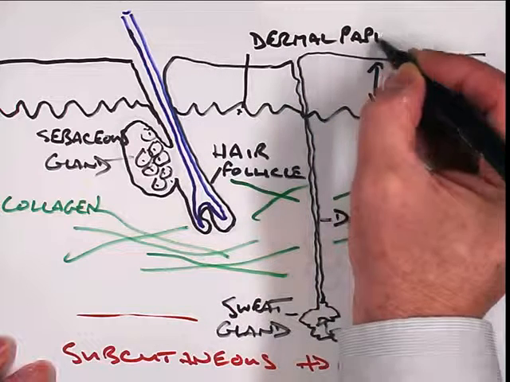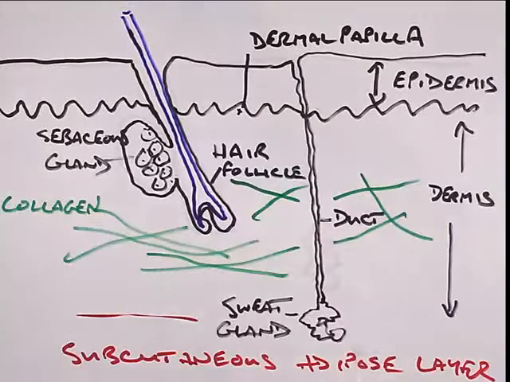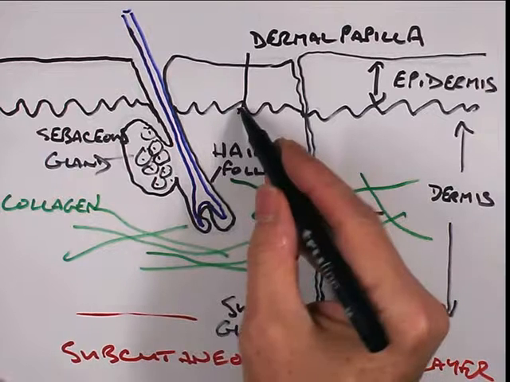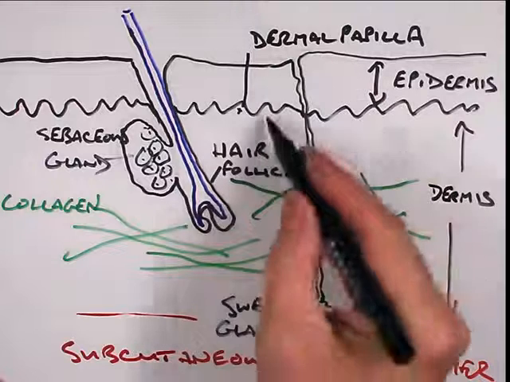So imagine them as little pegs of the dermis sticking up into the epidermis, rather like little pegs on top of a Lego brick that stick up into the brick above. And so these help to hold the dermis onto the epidermis. So there's a mechanical holding there.